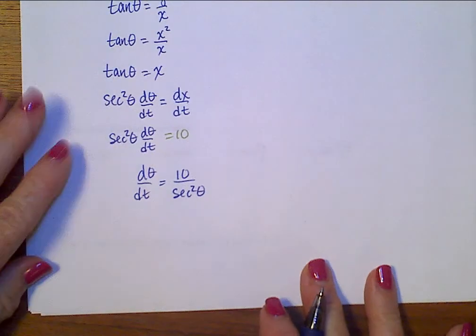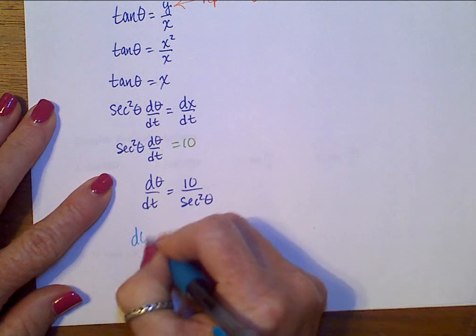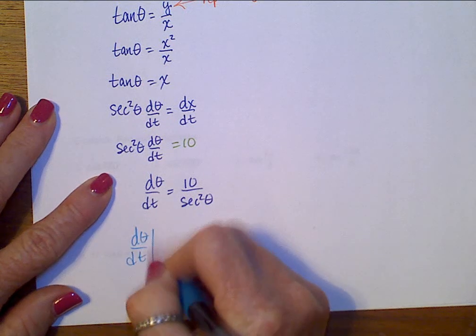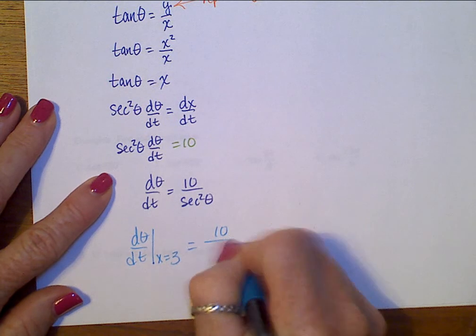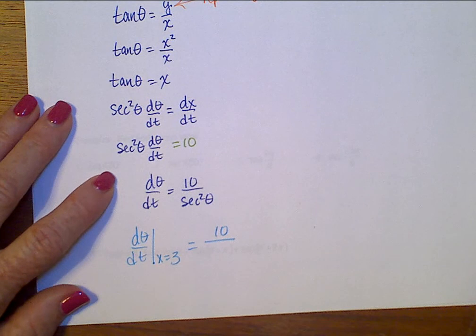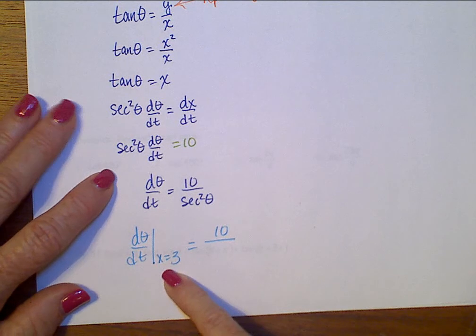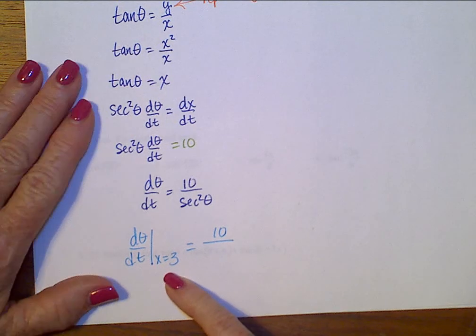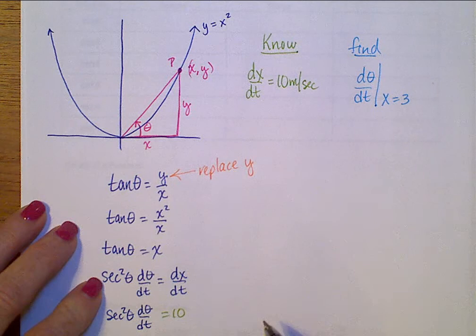All right, now we have to evaluate d theta/dt when x is 3. And we have 10 over secant squared theta. Uh-oh, there's nowhere at all to plug in x equals 3. What we're going to have to do, as we do always, is go back to this original relationship, original diagram.